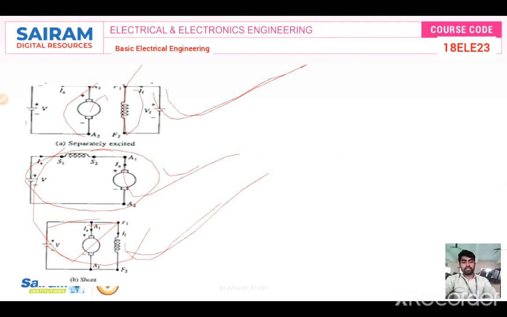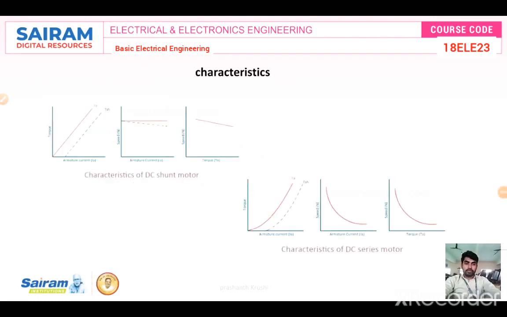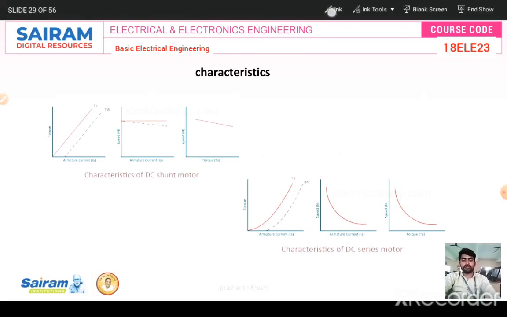So next we will see characteristics of DC shunt motor and DC series motor, right? For the shunt motor: torque versus armature current, speed versus armature current, speed versus torque. What about the torque equation of DC motor?